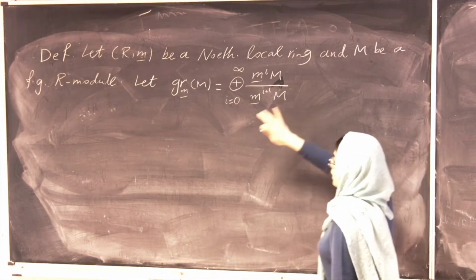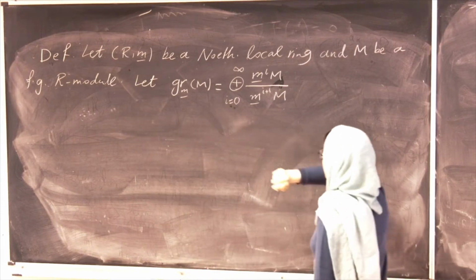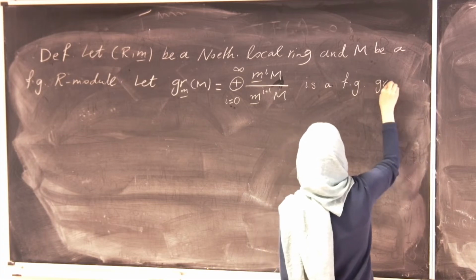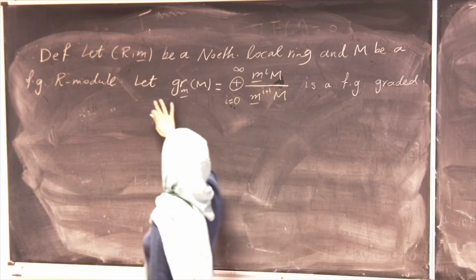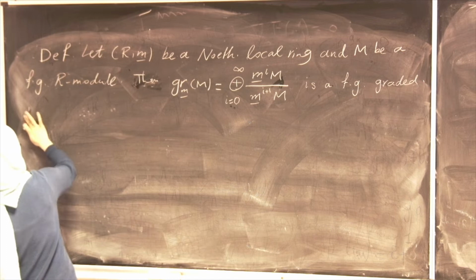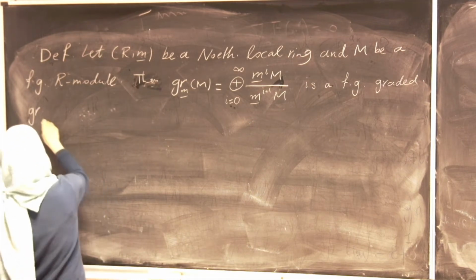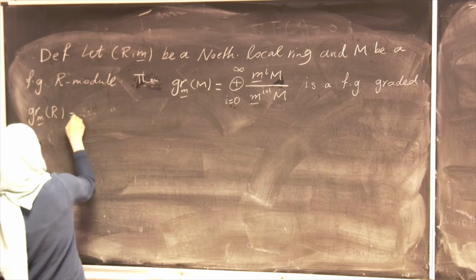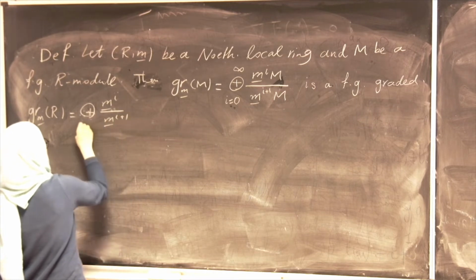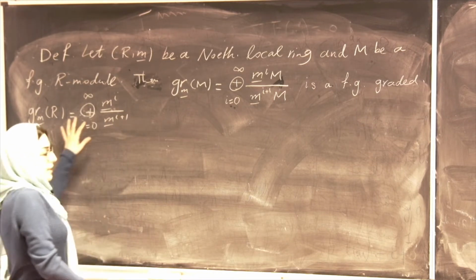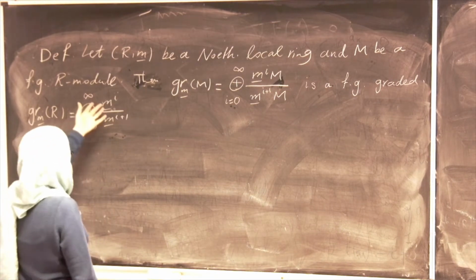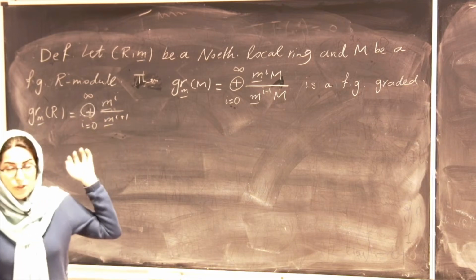When M is finitely generated over R, this module is a finitely generated graded module over the associated graded ring with respect to the maximal ideal. And this ring is in fact standard graded because it's generated by degree 1 homogeneous elements.